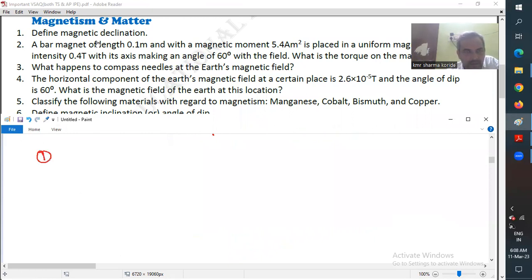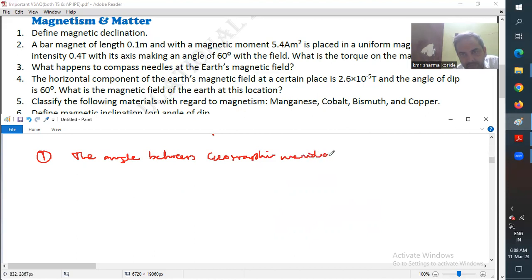Magnetic declination is the angle between the geographic meridian and the magnetic meridian. To understand it, place a paper adjacent to another paper.